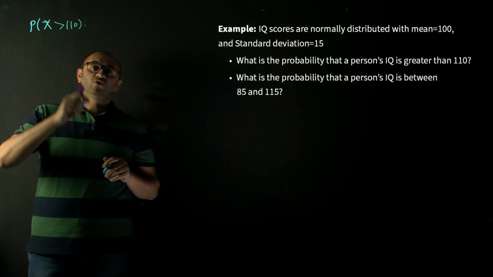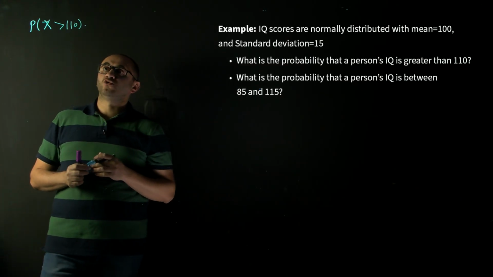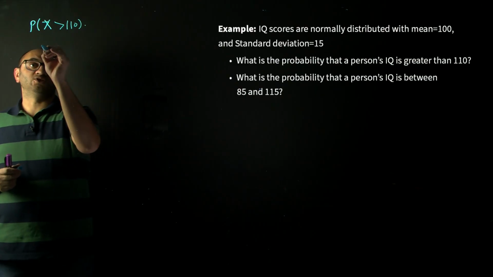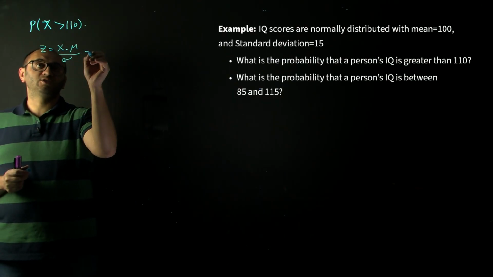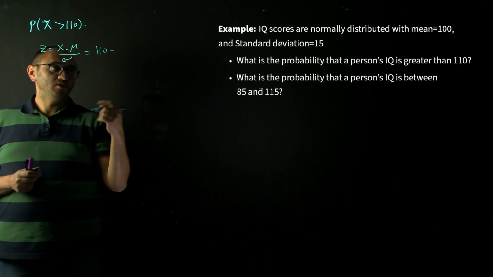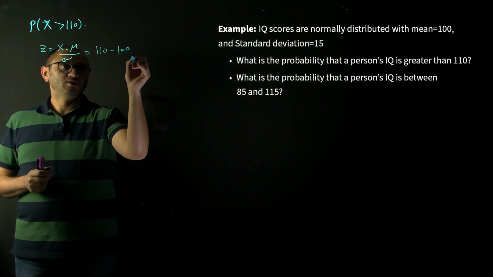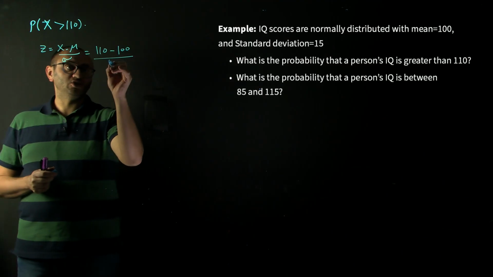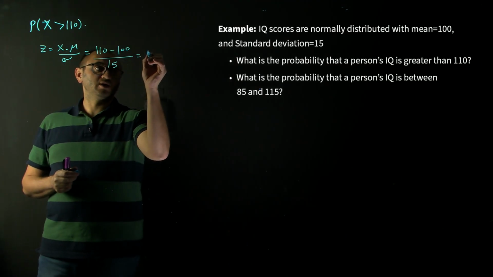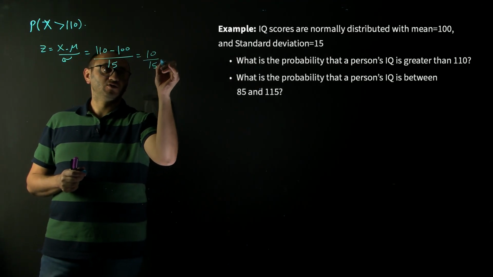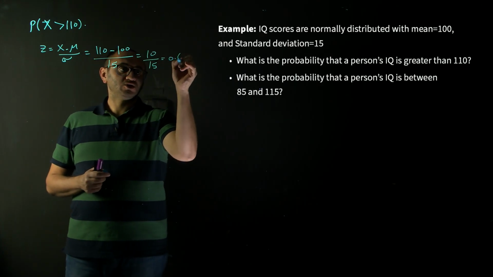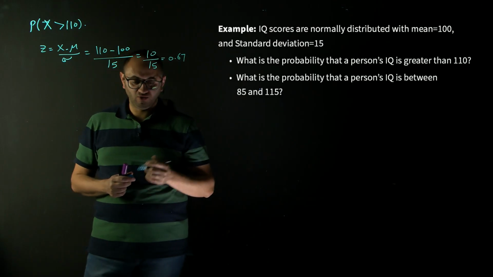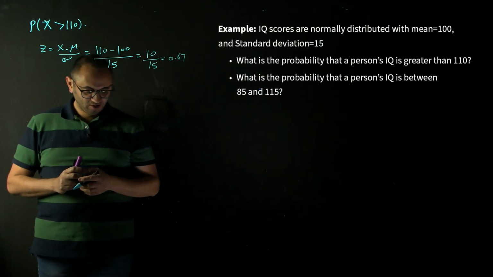Now, first we have to find the z-score of 110. So z equals x minus mu divided by sigma. x is 110, the mean is 100, divided by sigma, which is 15. So 10 divided by 15, or 0.67 if you round to 2 decimal places, right?